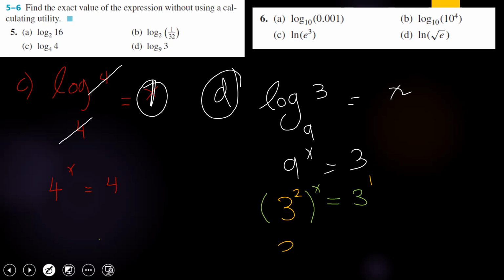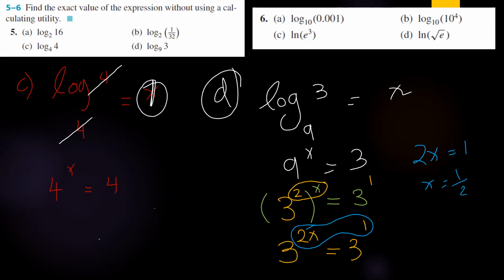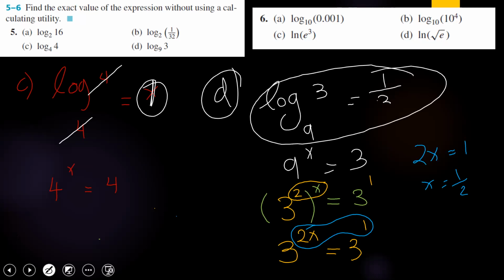So we have 3 to the power 2x equals 3 to the power 1. Now we have the same base, so we can say the exponents are equal: 2x equals 1. So x will be half. So logarithm to the base 9 of 3 is half. This is the final answer.